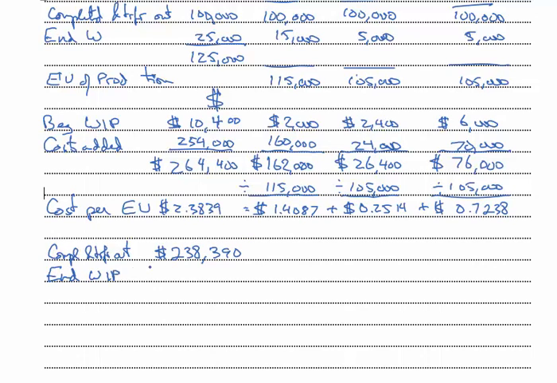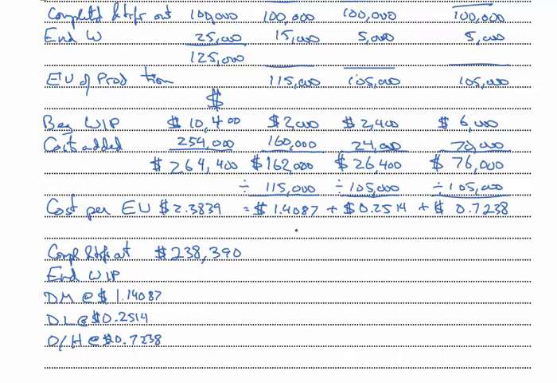And then we've got ending work in process: direct materials, direct labor, overhead. Direct materials at 1.4087, direct labor at 0.2514, and overhead at 0.7238.